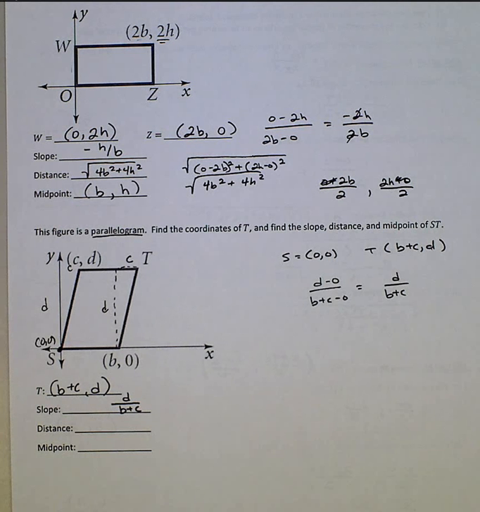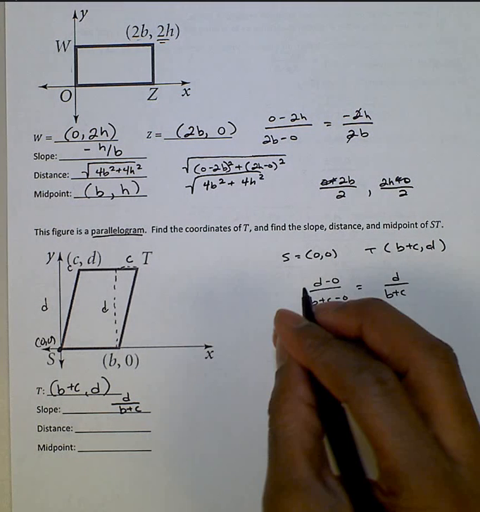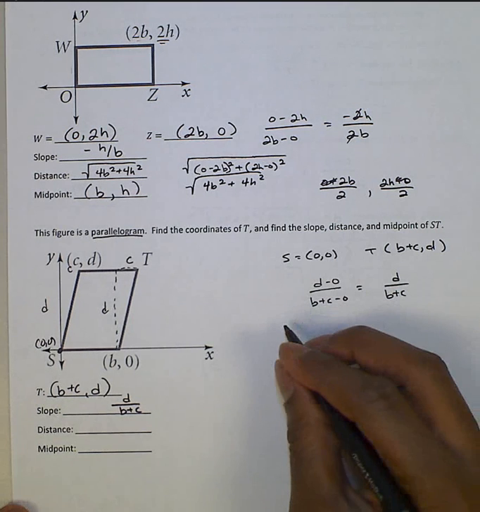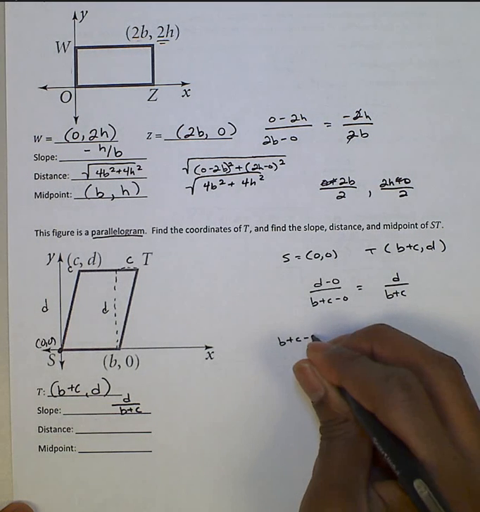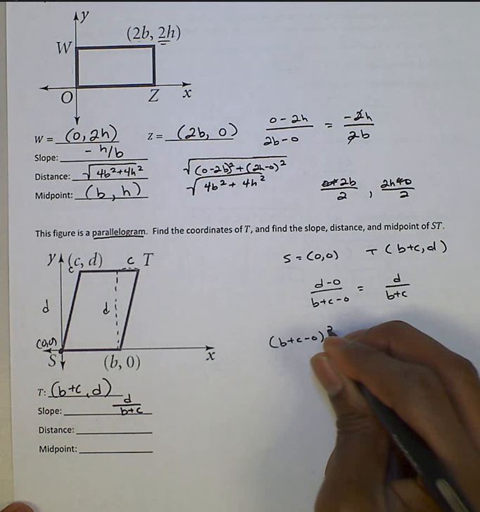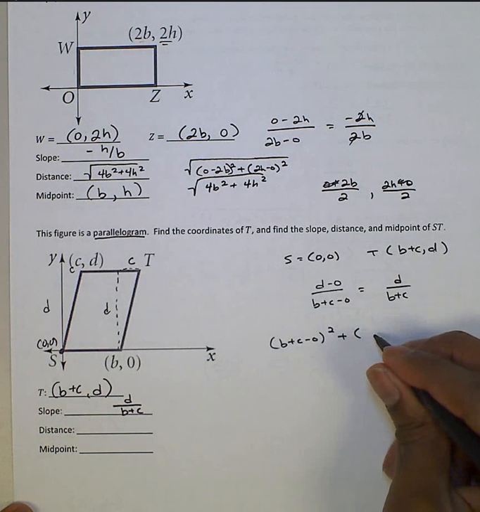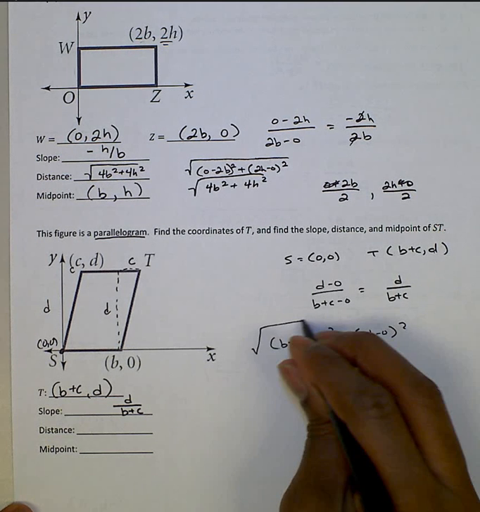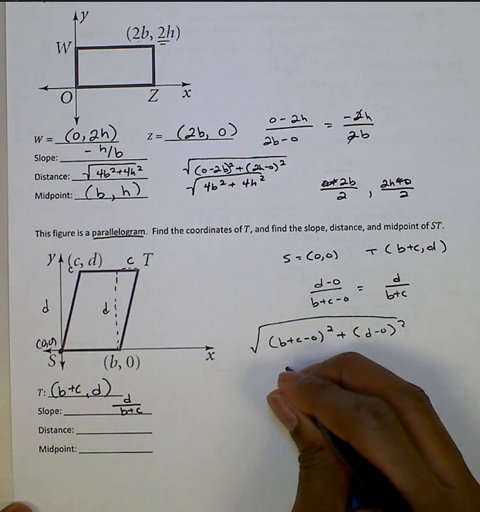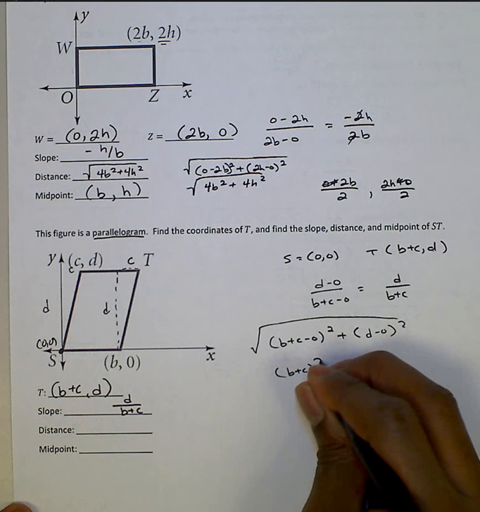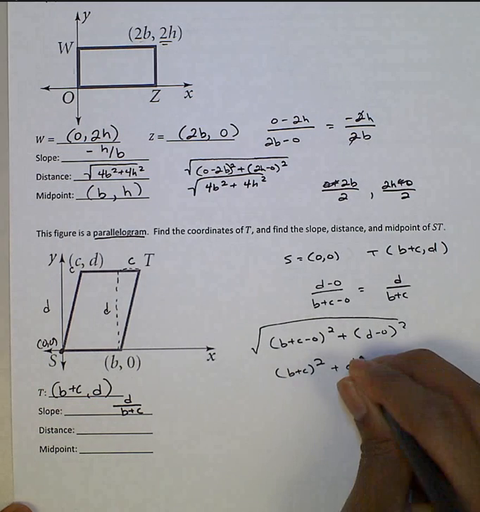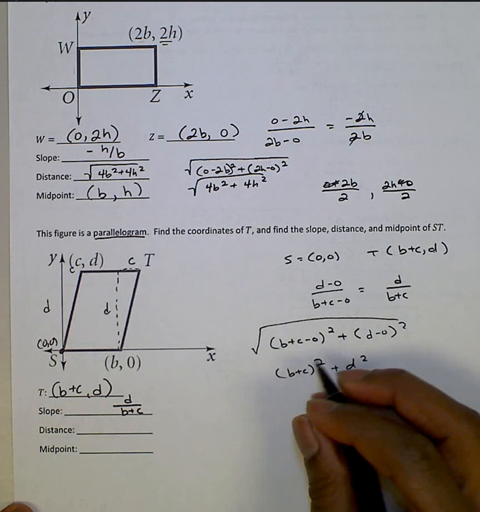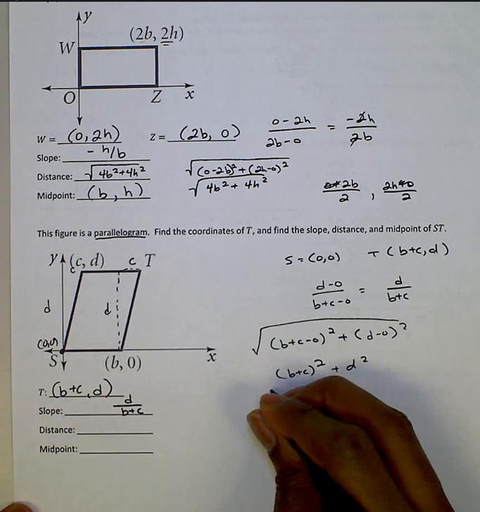The distance, again we have the difference of the x's, so we have B plus C minus 0 squared plus the difference of the y's, D minus 0 squared, square root of that. So here we have B plus C squared, and here we have D squared. I'm going to go ahead and FOIL this out, just for the review of it.